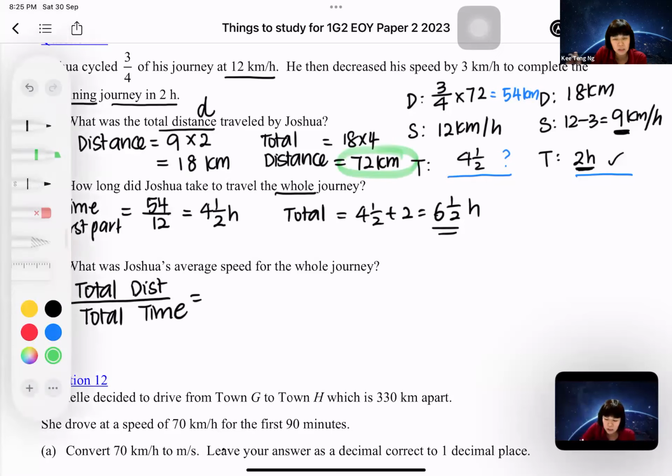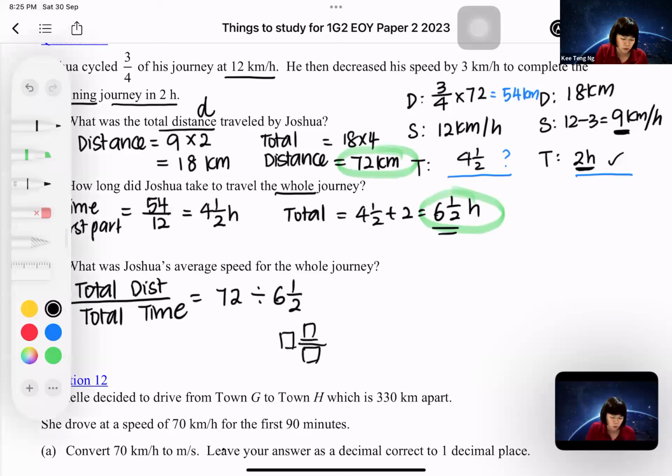Total distance is 72. Total hours, 6.5. So I'm going to just take 72 divided by 6 and 1/2. Okay, remember this one is in fraction. Please press your shift button until this 3 square comes out, okay? So 72 divided by shift fraction 6.5, or 6.5 if you want.